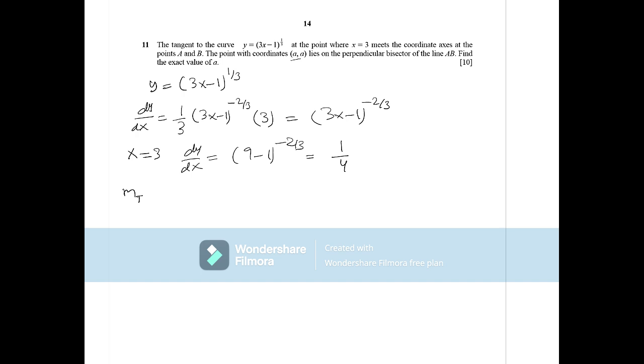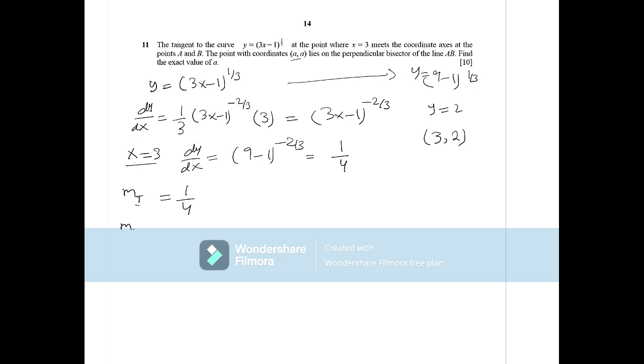So the gradient, denoted by m, of the tangent, which is y subscript t, is 1 by 4 at x equals 3. Also, at x equals 3, y is equal to (9 minus 1) to the power 1 by 3, which is y equals 2. So the point (3, 2) lies on the tangent.